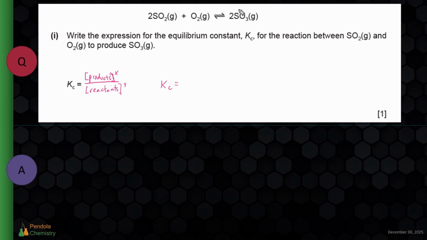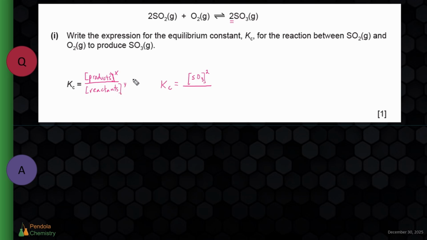The product here will be SO3, so it will be the concentration of SO3, and because the coefficient for SO3 is 2, we put this to the second power. Divided by the reactants, to their coefficients as exponents.